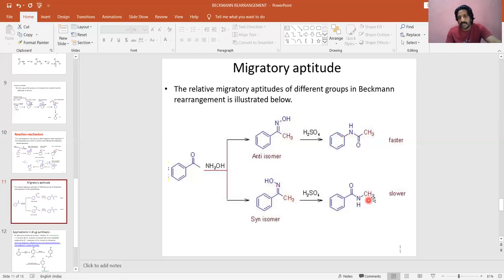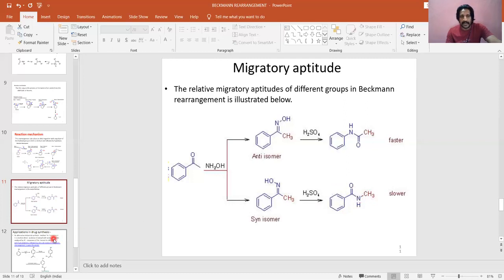Look at the structure here. CH3 is getting connected to nitrogen, and the resulting amide has a structural pattern where the CH3 is directly connected to nitrogen. So by this you can understand that the group which is anti or opposite to the hydroxyl group usually shifts to nitrogen. For that you need to understand which is the syn-oxime and which is the anti-oxime. That's why I explained the nomenclature also.